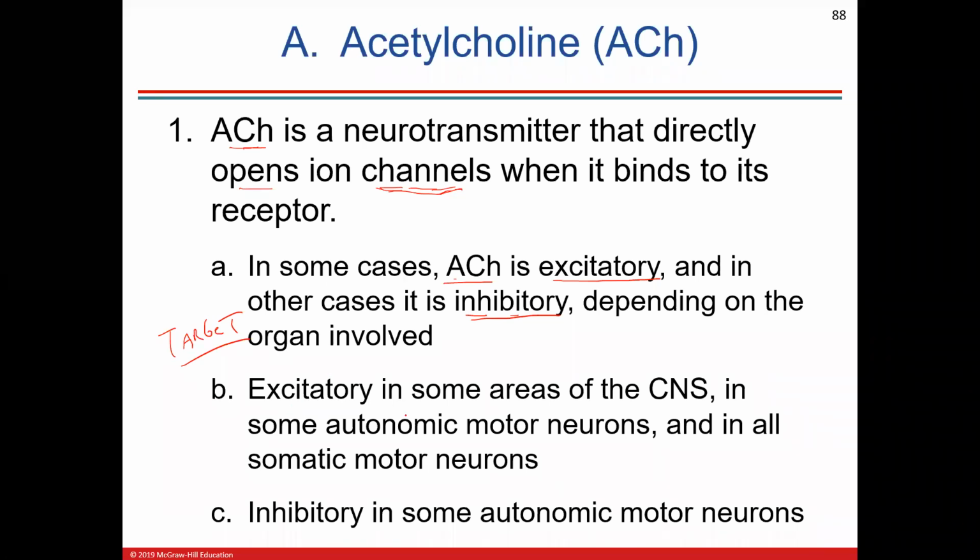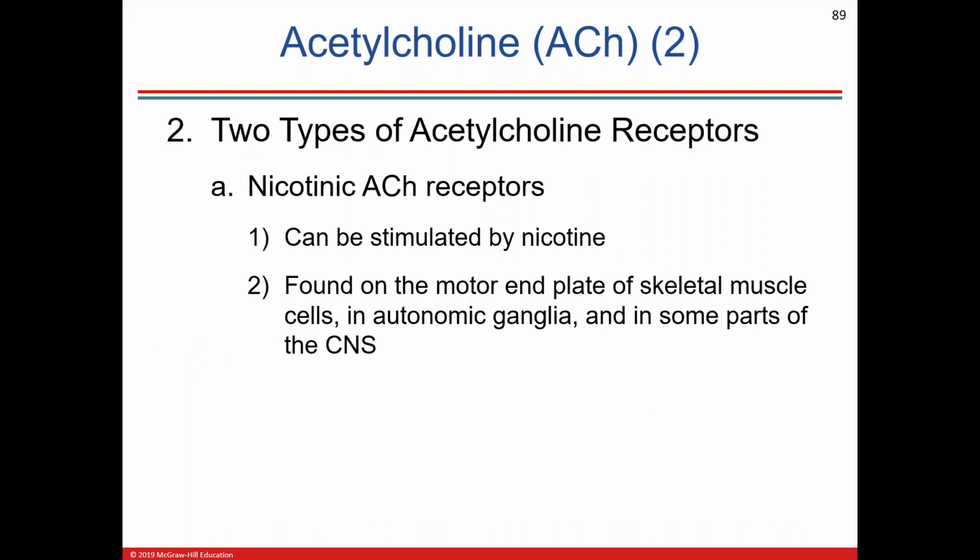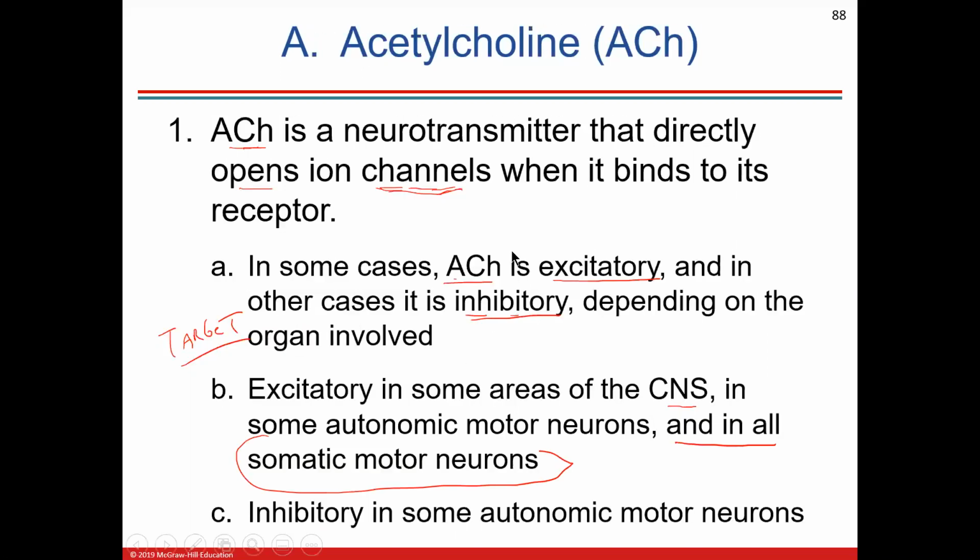So excitatory in some areas of the CNS, like in the brain, and some autonomic, and in all somatic motor. So we're going to have to revisit this in a second to see what this is exactly talking about. And of course, it's inhibitory in some autonomic motor neurons. So this next thing is really confusing, so I'm going to take a second and just explain something.